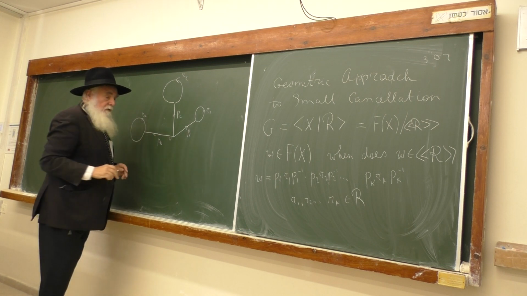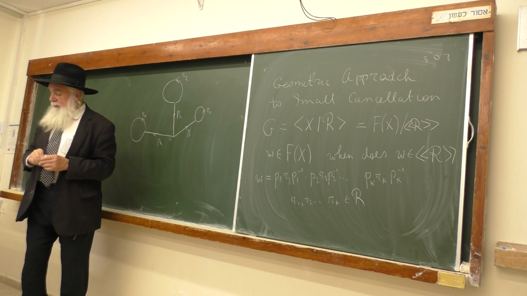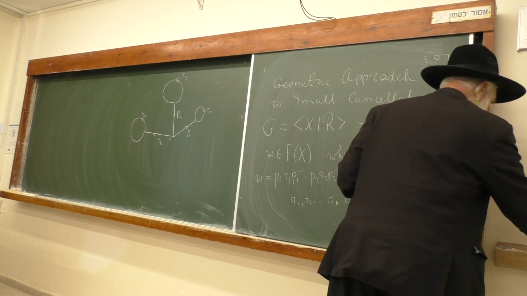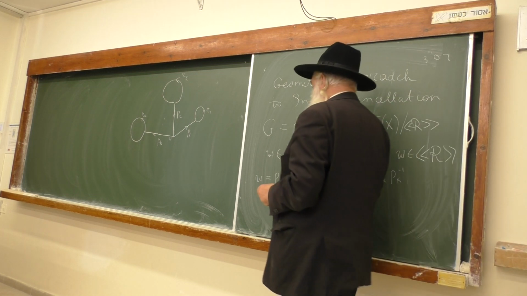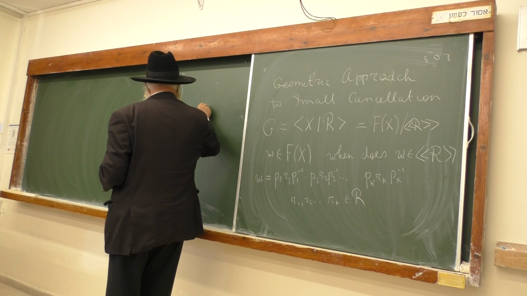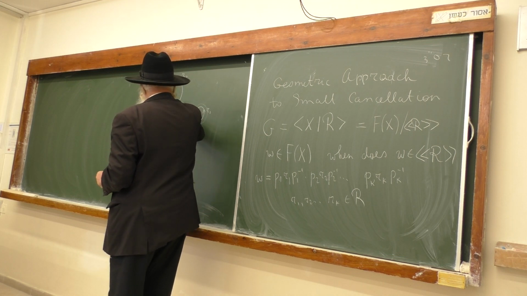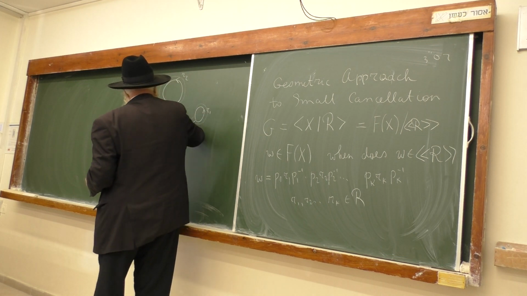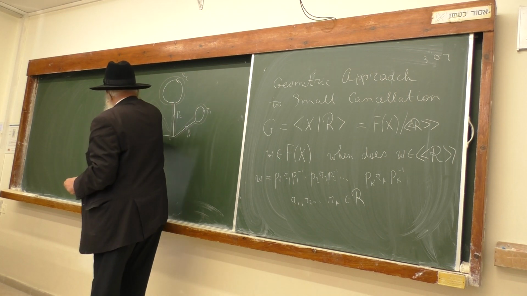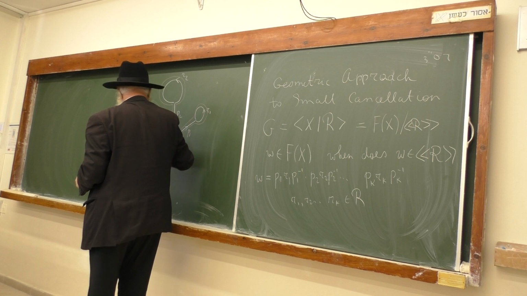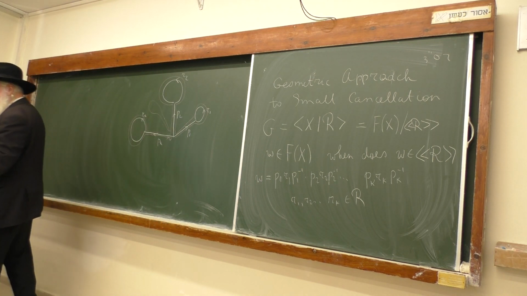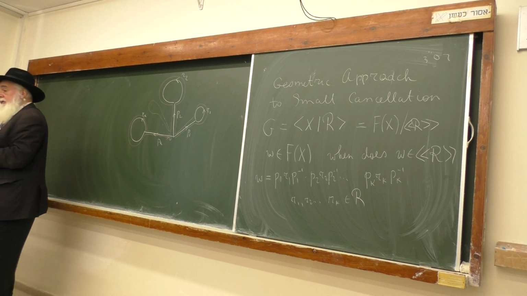If we follow all these paths, we actually read this word W, starting here, going across this line, etc., finally coming here. But of course, this word may be non-reduced.